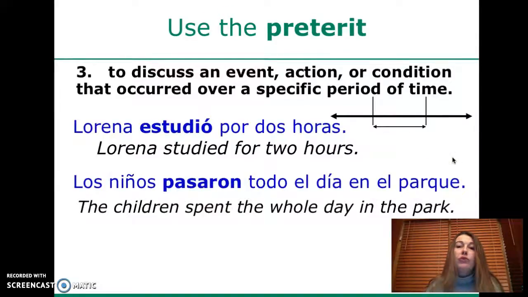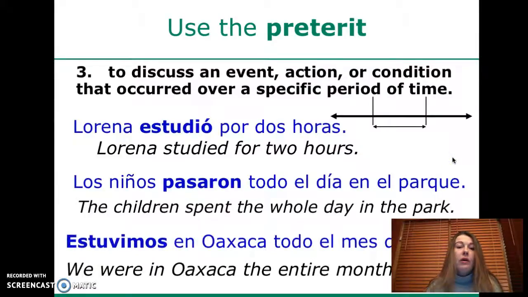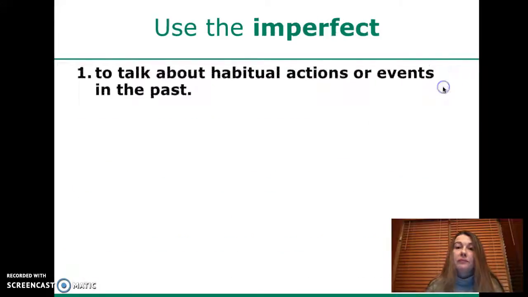Los niños pasaron todo el día en el parque. Right? So the children spent the whole day in the park. Or estuvimos en Oaxaca todo el mes de julio. And my face is there, so I doubt that you can see that part right here. But they're saying that we were there for the entire month of July. So all of these are periods of time, okay?